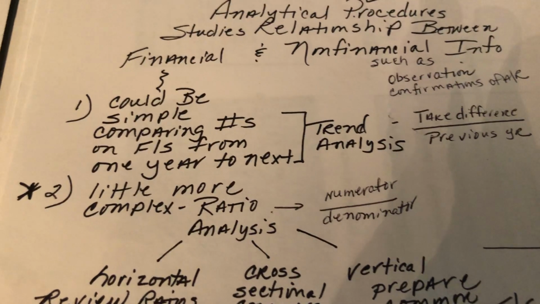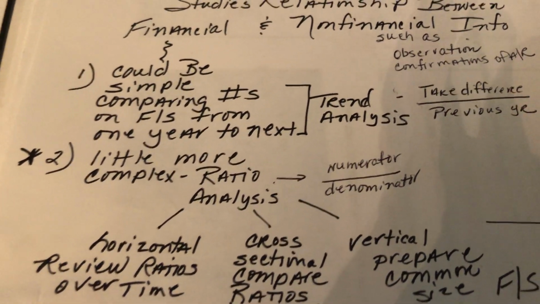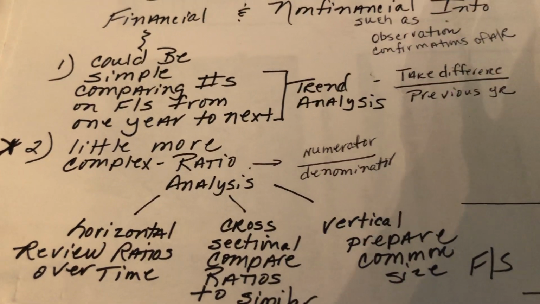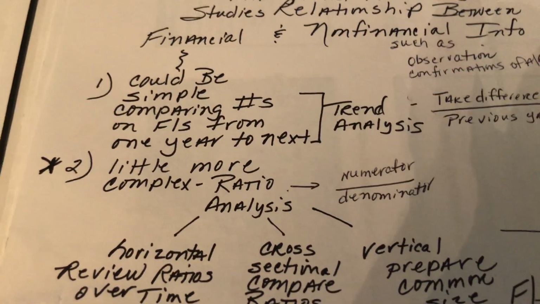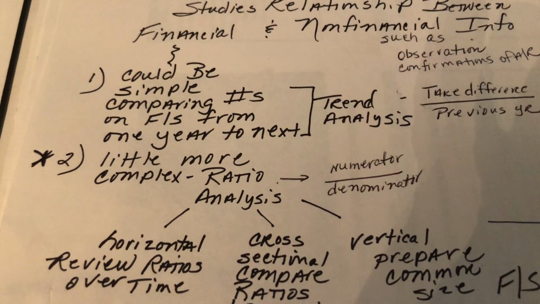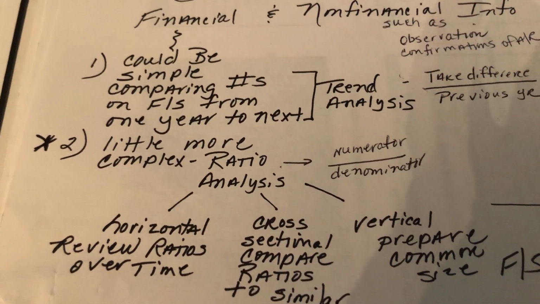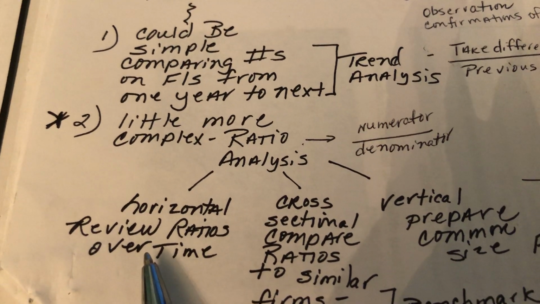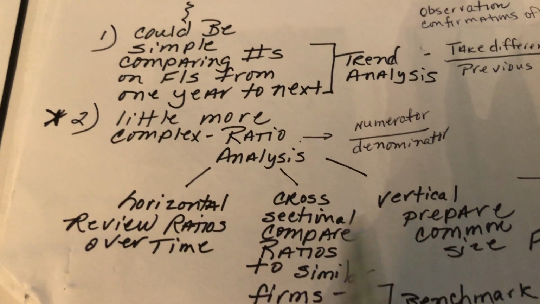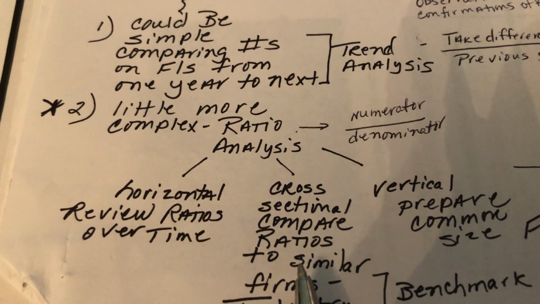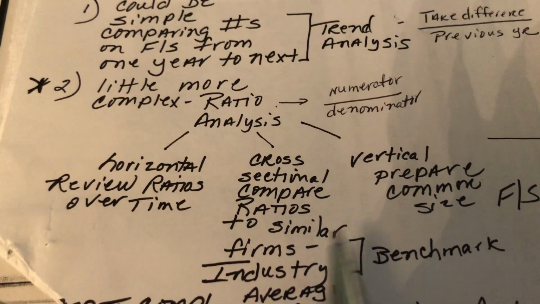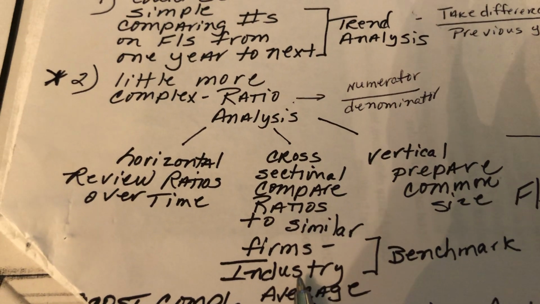A little more complex than your trend analysis will be the ratio analysis, where you put one number as a numerator and one as a denominator, and that's what you're going to be doing in number 12 of your assignment. Now, ratio analysis involves a review of ratios once you get them over time, how have they increased or decreased. It involves what's called cross-sectional analysis, where you want to compare that to either a similar firm or an industry number.